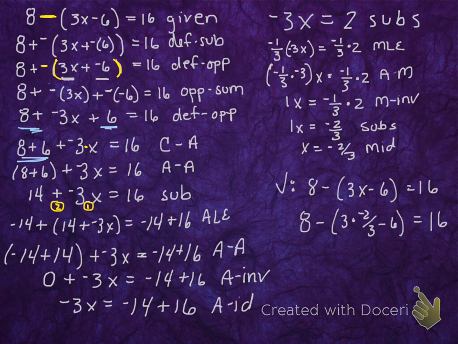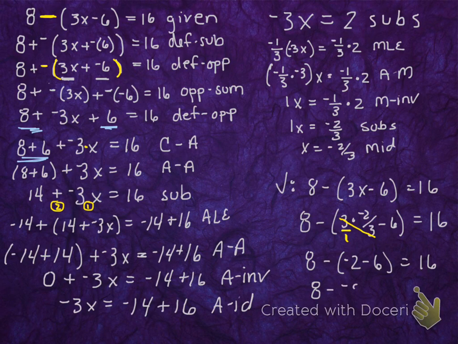Now, again, you don't need to do long form for your check, so just kind of thinking through that. Multiplying fractions, whole numbers can get a denominator of 1. You can cancel those 3's, so we end up with 8 minus the quantity of negative 2 minus 6. Again, you may use a calculator. I'm just kind of taking you through without it, hopefully, so you can view that thought process.